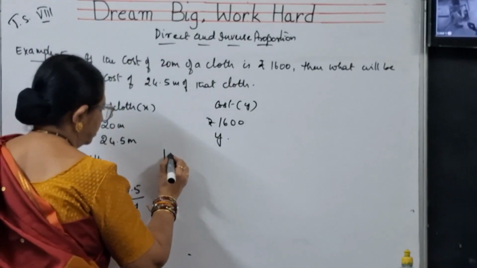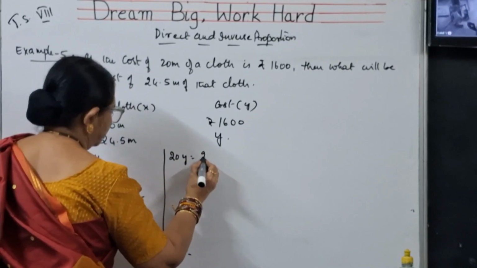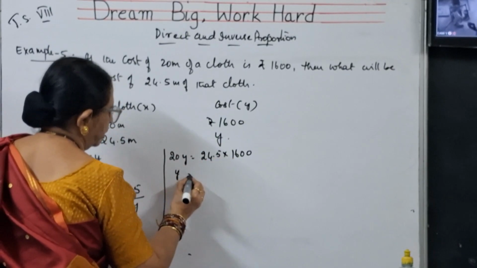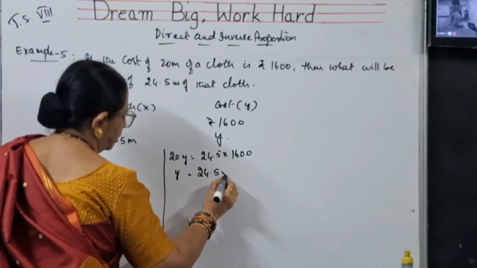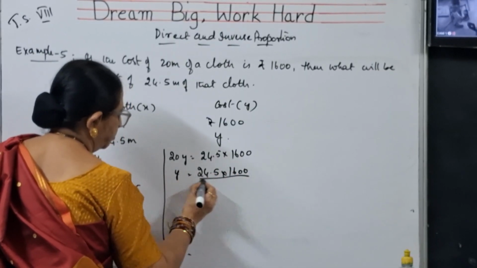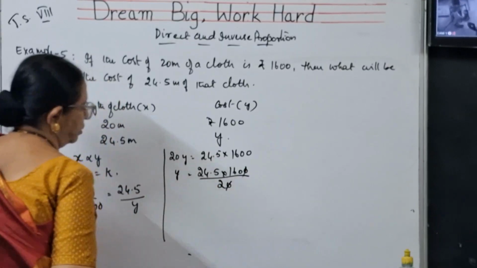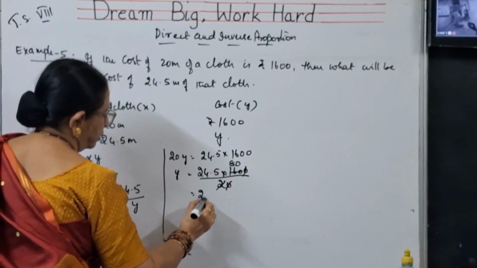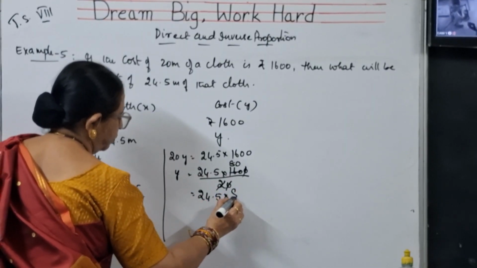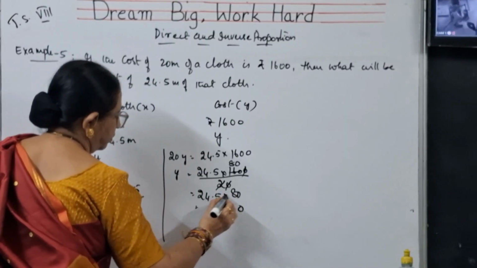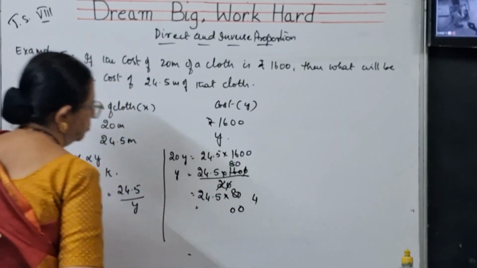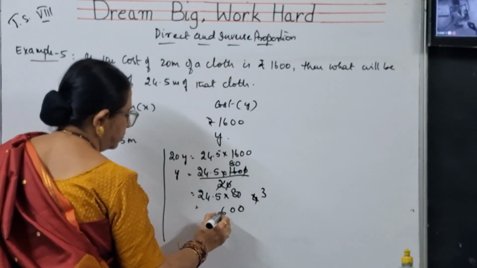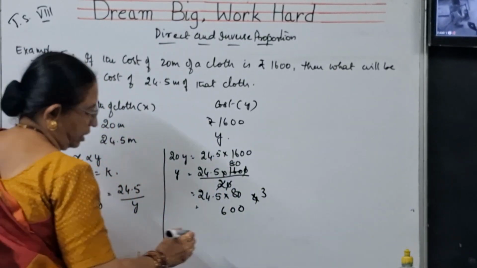That means 20y is equal to 24.5 into 1600. So what is y? 24.5 into 1600 by 20. So the 0, 0 will get cancelled. 2 8s are 0. So it is 24.5 into 80. 0, 8 5s are 40, 8 4s are 32 plus 4, 36, 8 2s are 16, 3, 19.